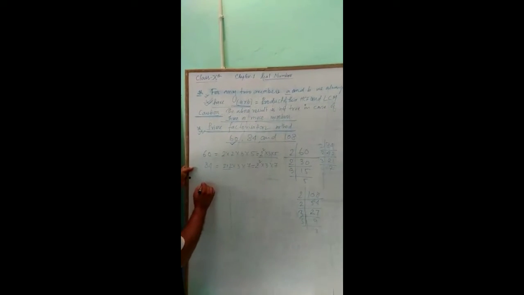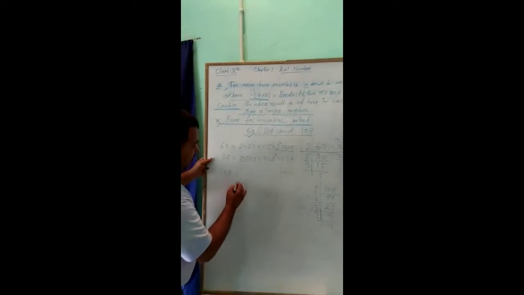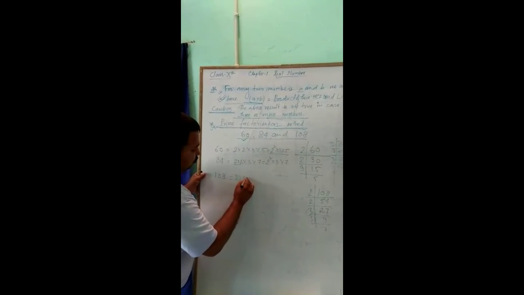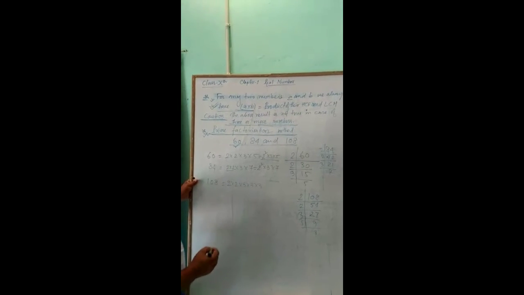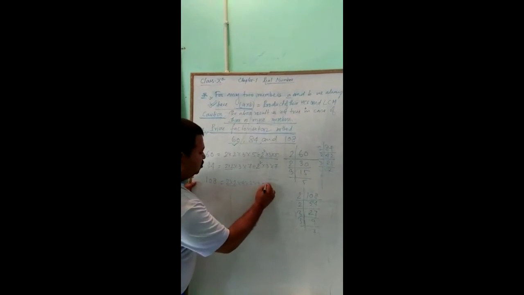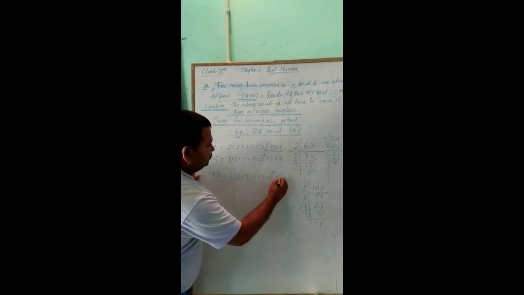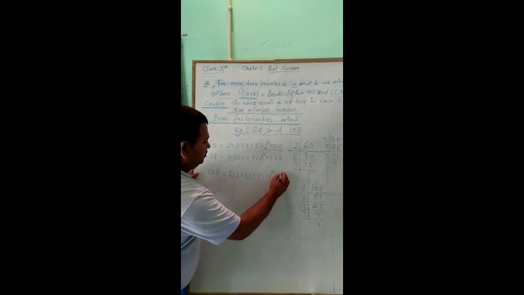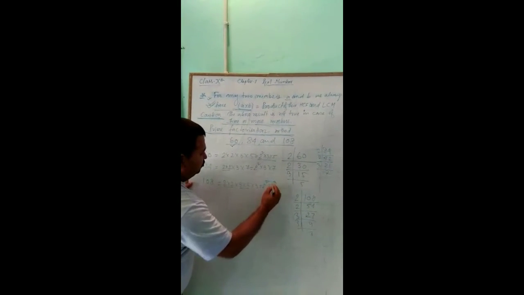Now we can write the factors of 108 as 2 into 2 into 3 into 3 into 3. We can express it another way also: 2 square into 3 cube.